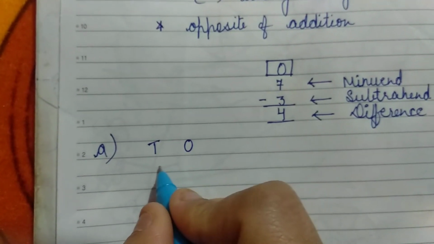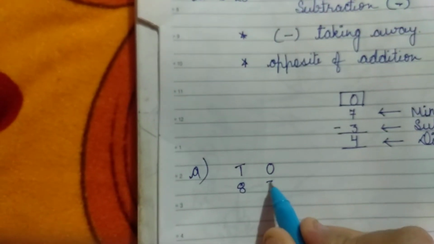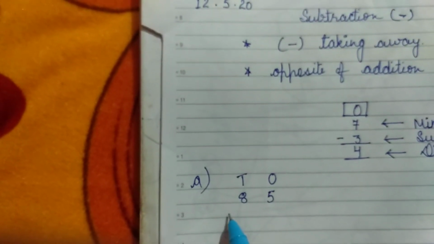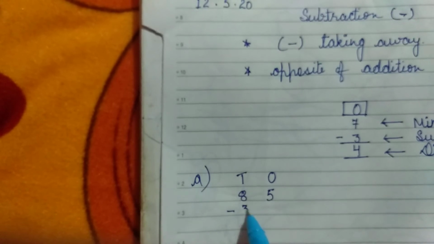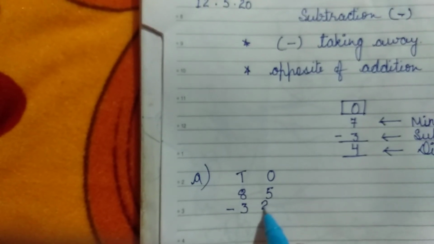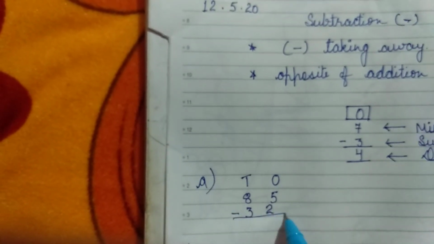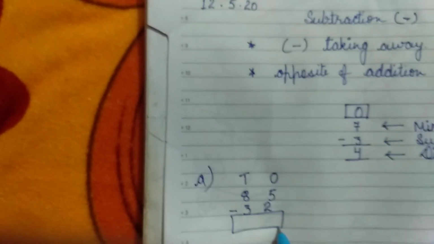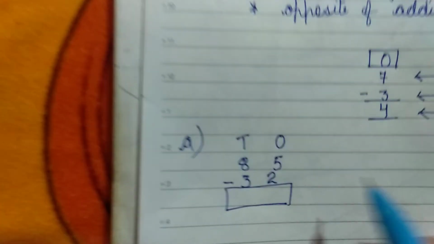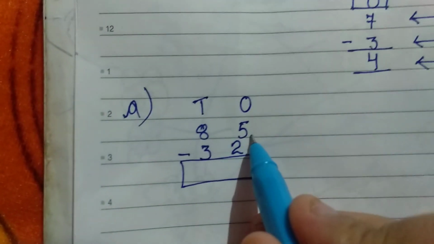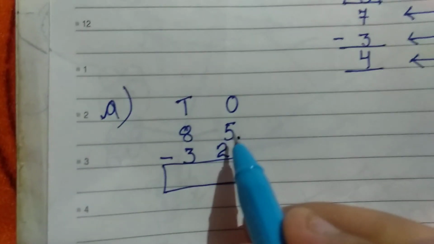85 subtract 32. Subtract them. So children, here is a 5. 5 minus 2.